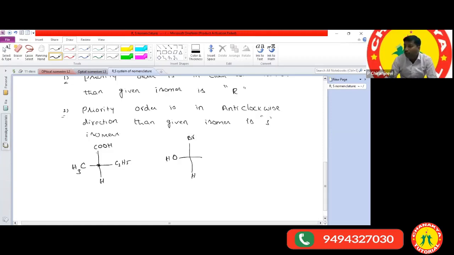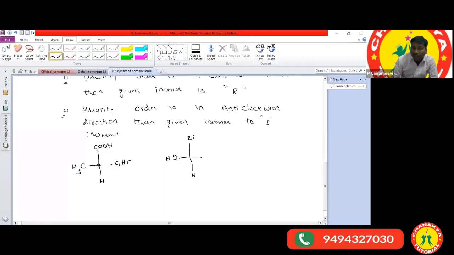So when can we call it optically active? If the carbon is attached with four different atoms or groups of atoms, then only it exhibits as optically active. Now let us see, this is the carbon atom.